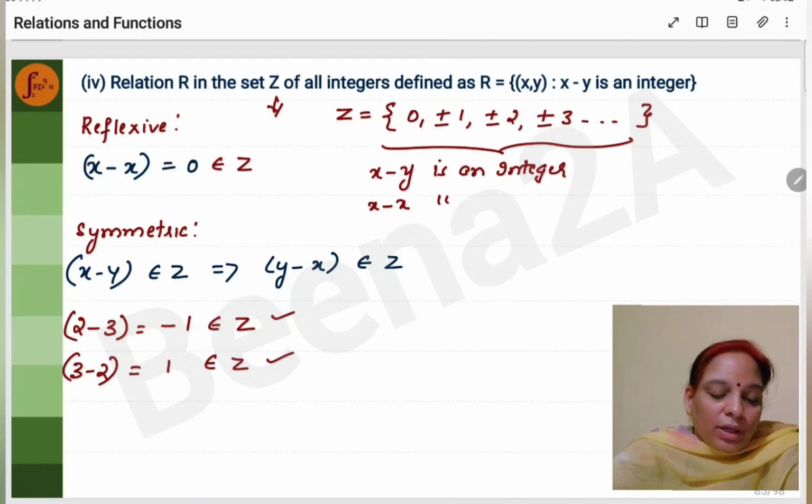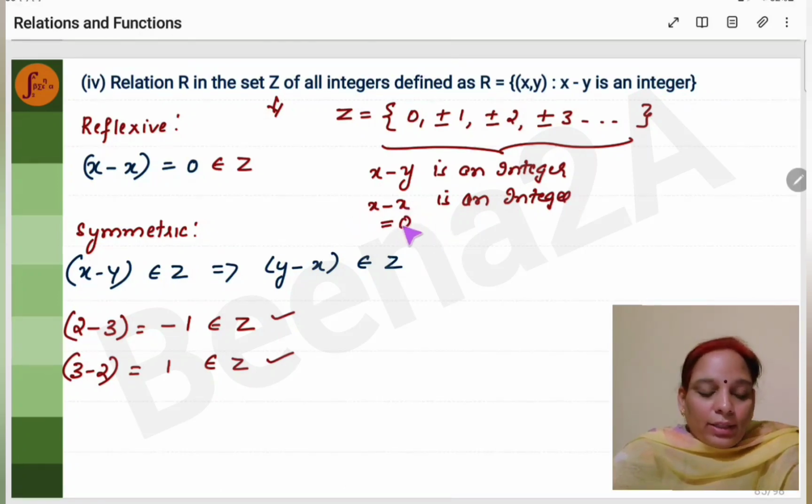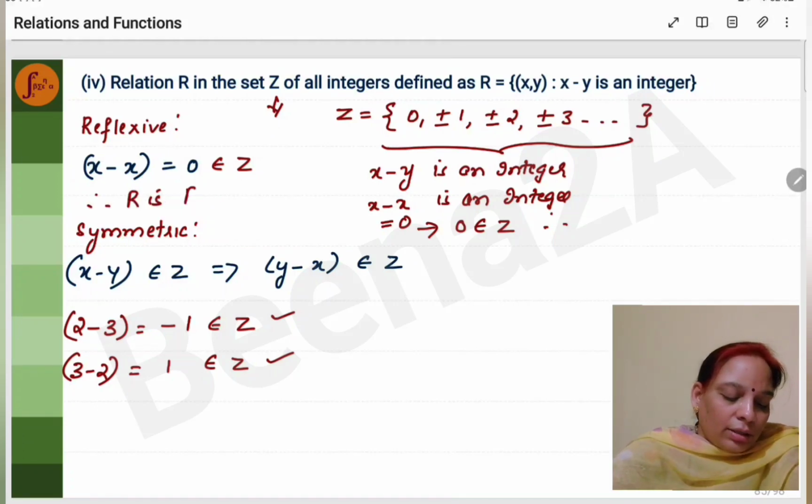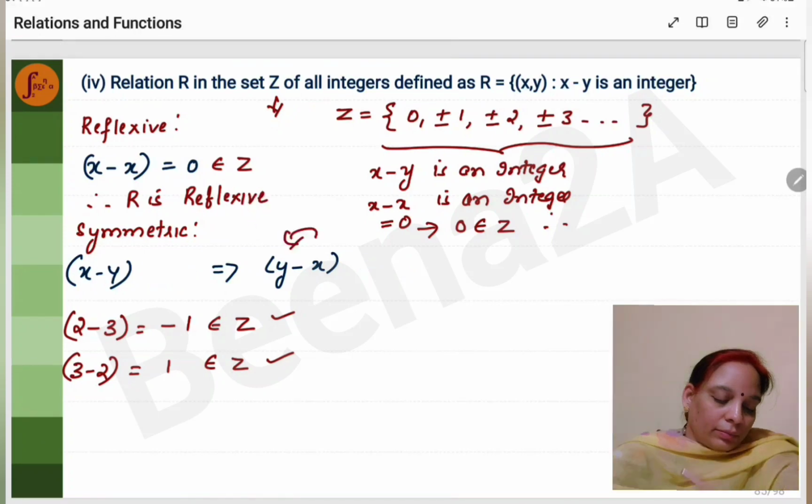So, x minus x is an integer. Is this true? x minus x is equal to 0, and 0 is part of the set Z. 0 belongs to Z. Therefore, this is reflexive. So, you should say x minus x is equal to 0 and this belongs to Z. Therefore, R is reflexive.